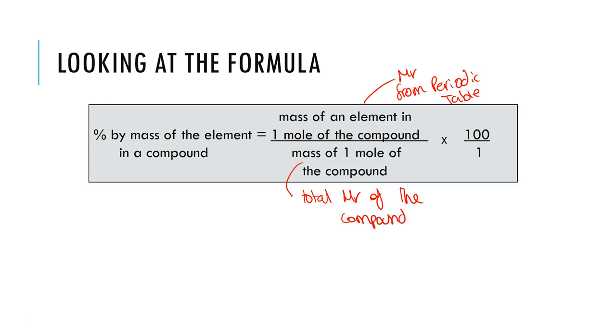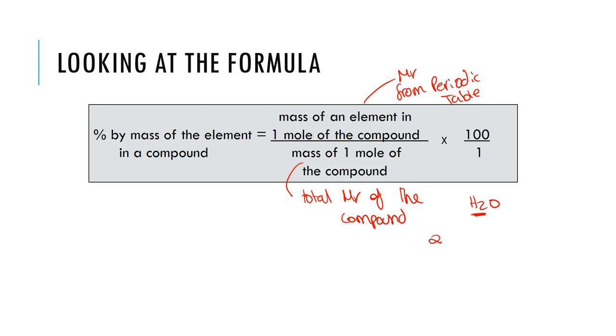Okay, so if we were looking at something like water, H2O, and we wanted to know how much hydrogen that is, well, the mass of hydrogen in 1 mole of the compound is going to be 2 times 1 because I've got 2 hydrogens.